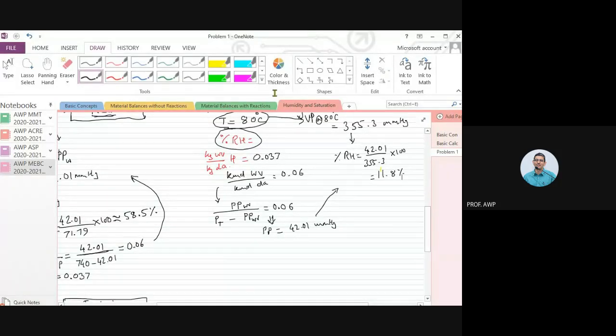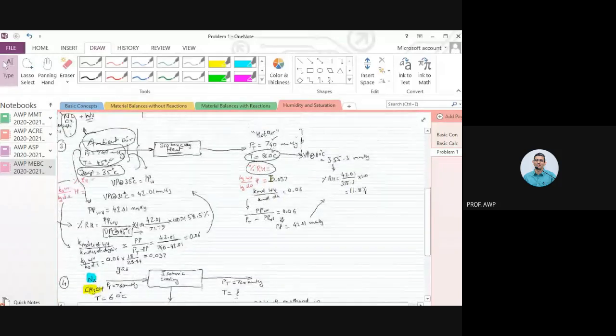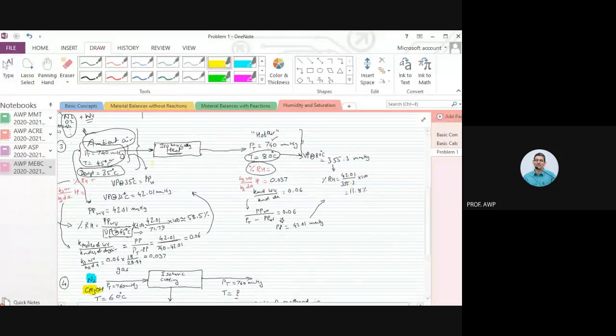11.8%. So now you see what has happened. Because the composition has remained the same, partial pressure has remained the same, humidity has remained the same in terms of moles, in terms of kgs per kg.